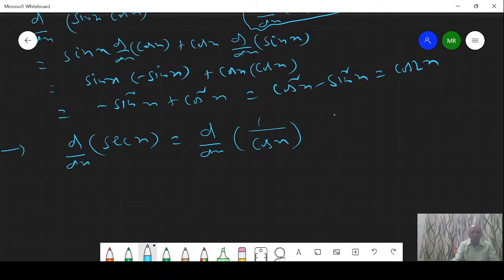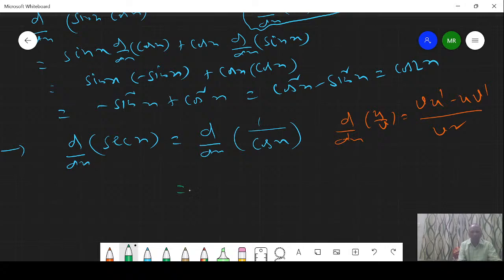You know the quotient rule: d by dx of u by v. What is the quotient rule? d by dx of u by v is v into derivative of u minus u into derivative of v, all over v square. Correct?